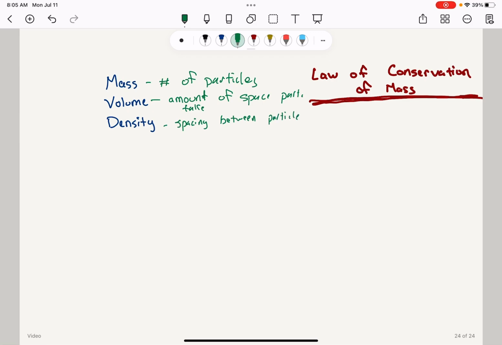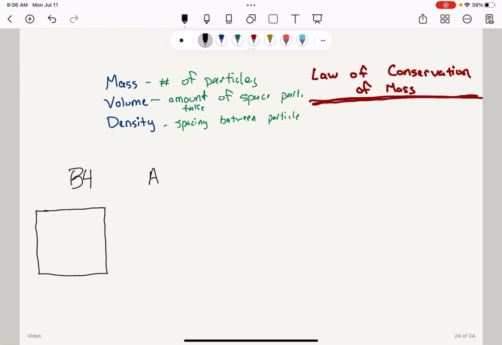Now, let's talk about something as simple as a change like this. I'm going to say B for before, and then A for after. And the way that I like to think of it is because we're focusing on mass, that's the number one most important thing that we're focusing on here. I'm going to draw a box, okay?